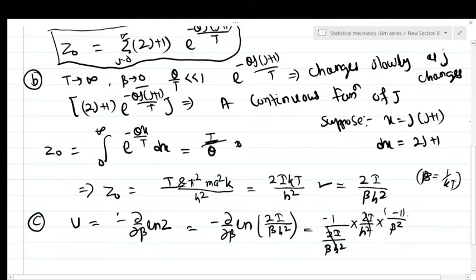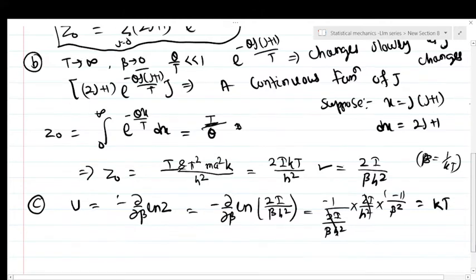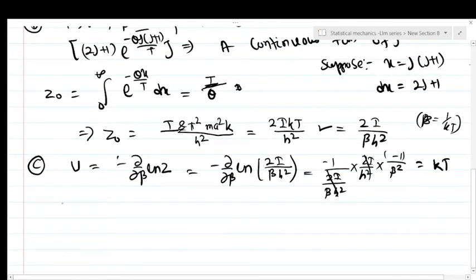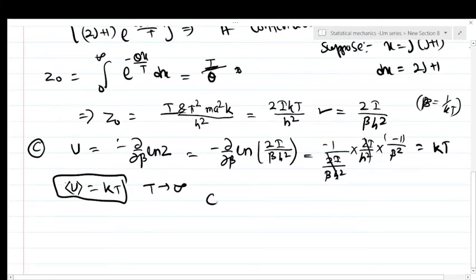This will cancel, then that will be 1 by beta, that means kT. kT is the mean energy when T tends to infinity. And you know the specific heat will be del U by del T, that will be k.